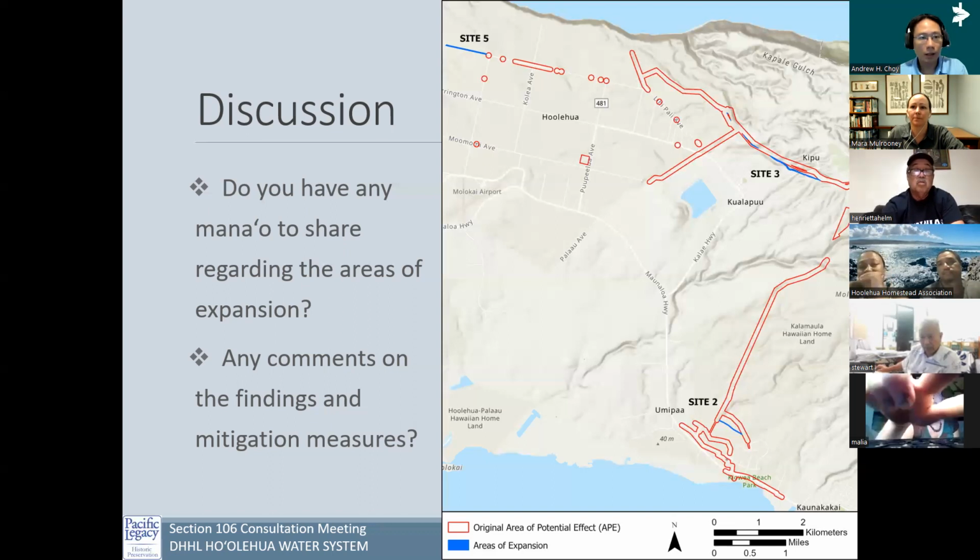Next question from the Olehua Homestead Association. What about the history of Na'iva being sacred grounds that should be considered also besides physical artifacts? I'll toss that one to Mara. Yeah, absolutely. When I mentioned that no historic properties had been identified during the monitoring for this project, what I meant is that no historic properties have been newly identified as this project has been ongoing.